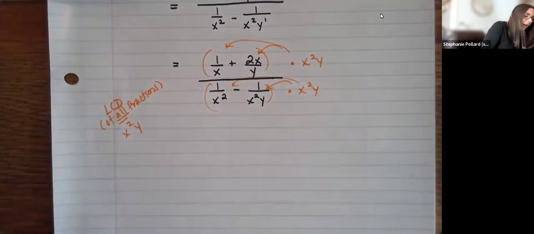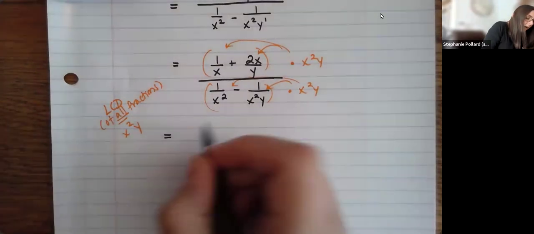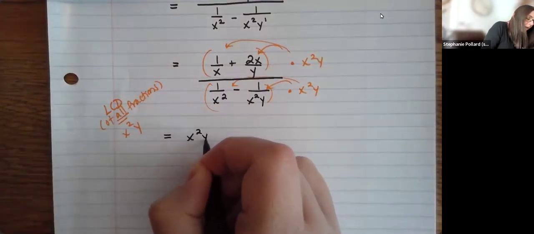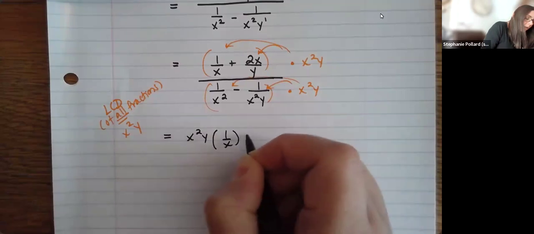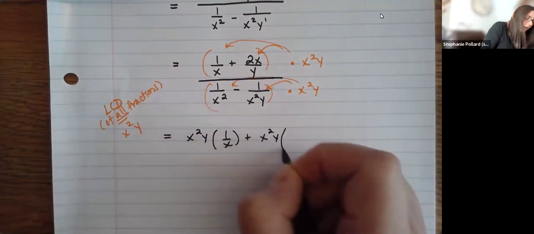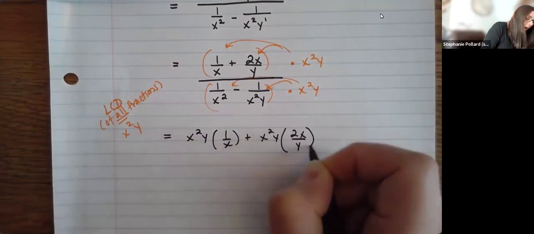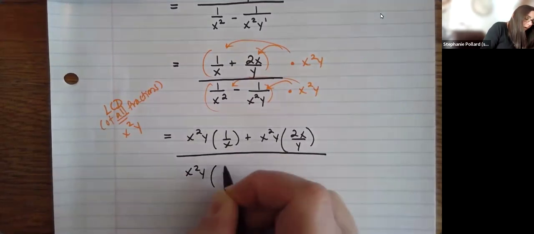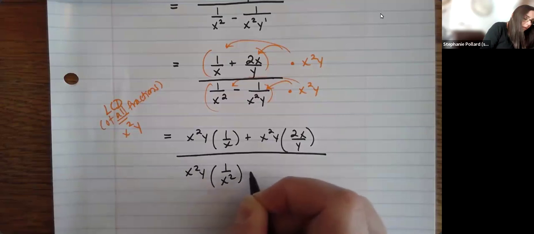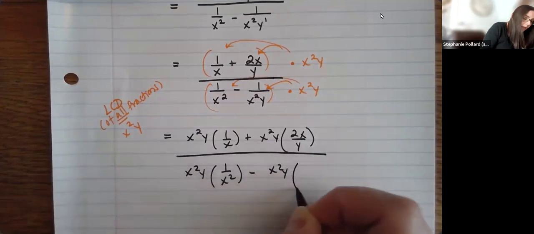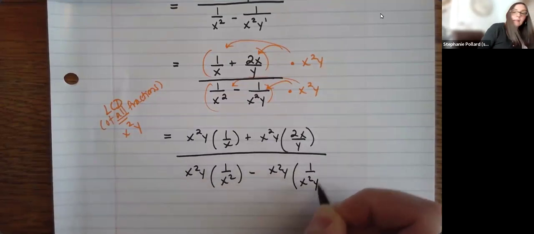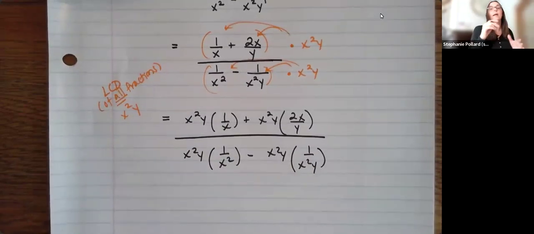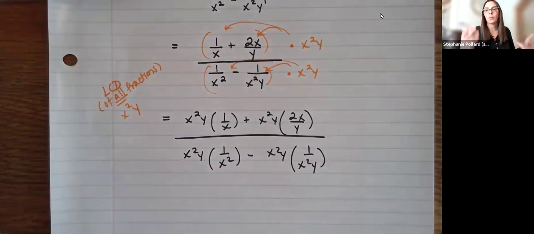So what you'll have next is you'll have x squared y times 1 over x plus x squared y times 2x over y in the top. And then again, x squared y times 1 over x squared minus x squared y times 1 over x squared y in the bottom. So that LCD gets distributed to all pieces, basically.